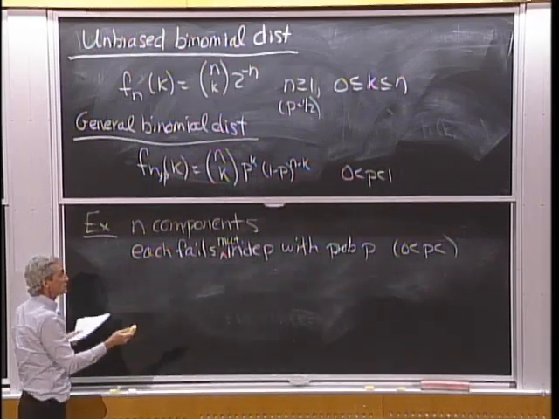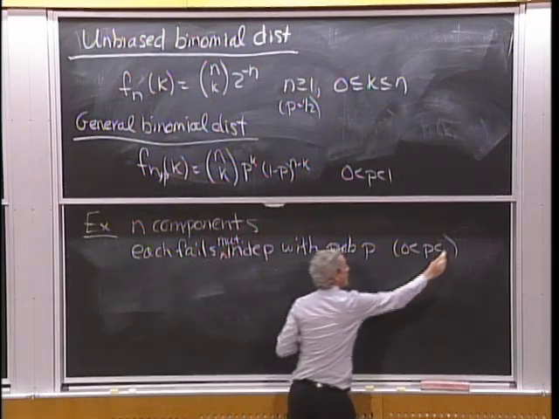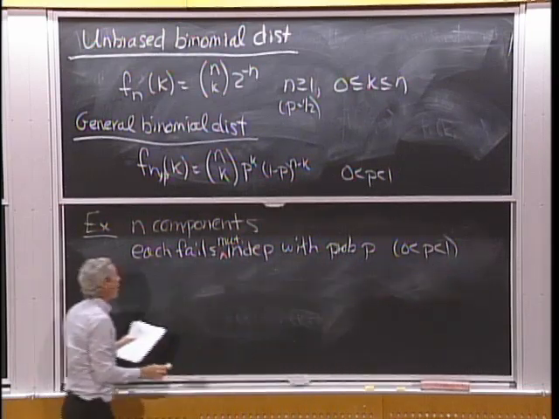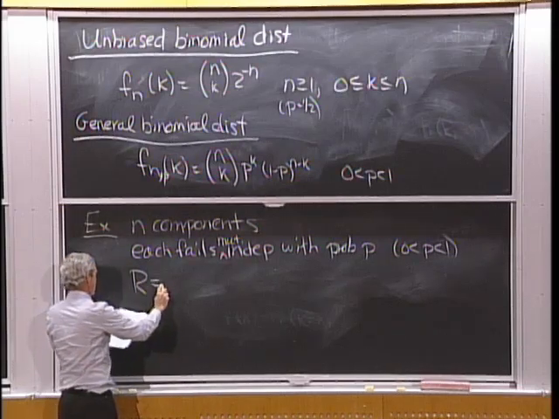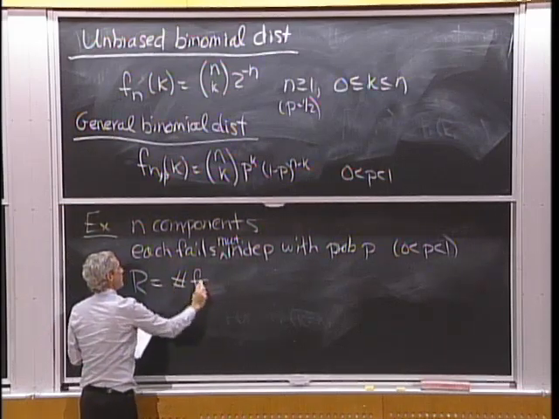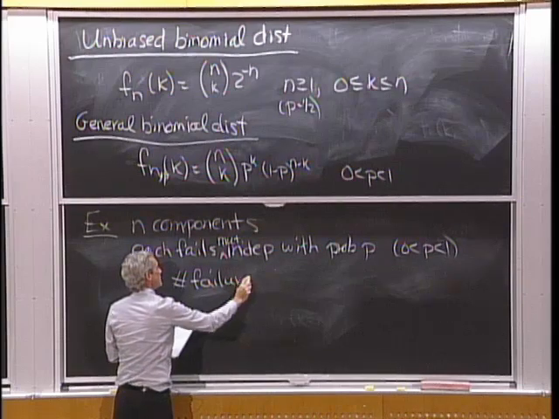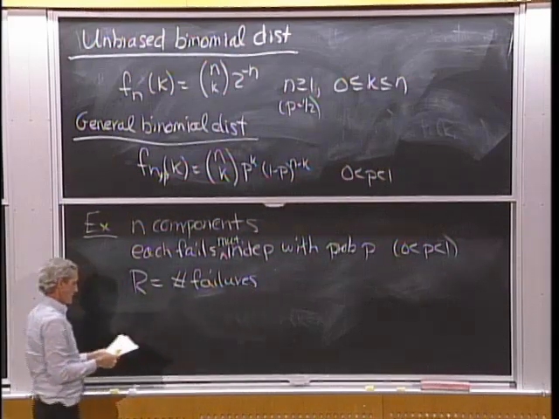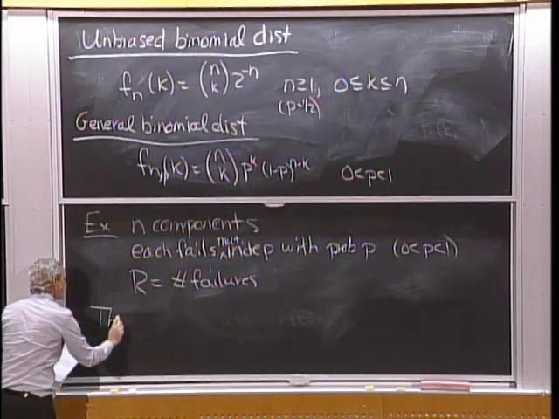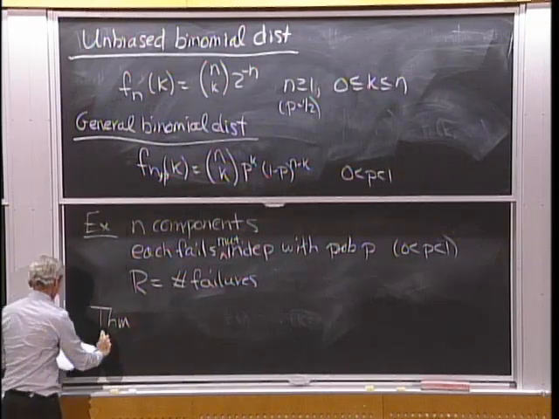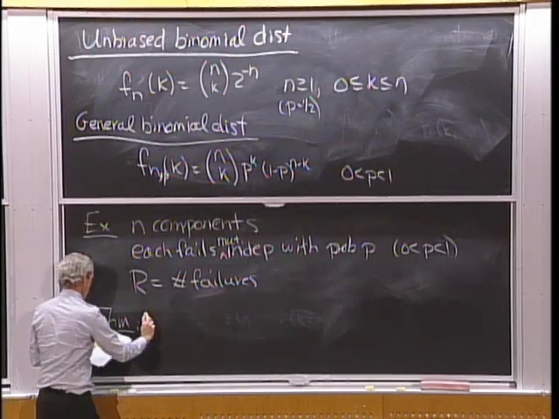And now we're interested in the number of failures, so we'll make r be a random variable that tells us the number of failed components. And it turns out the answer is simply that function, which we'll prove as a theorem.